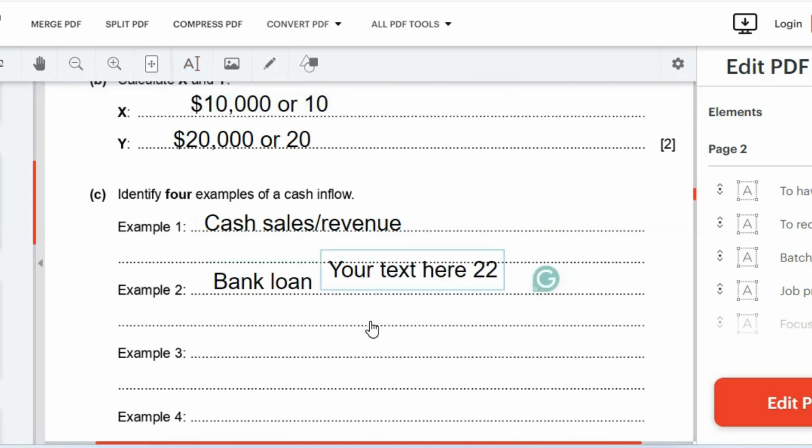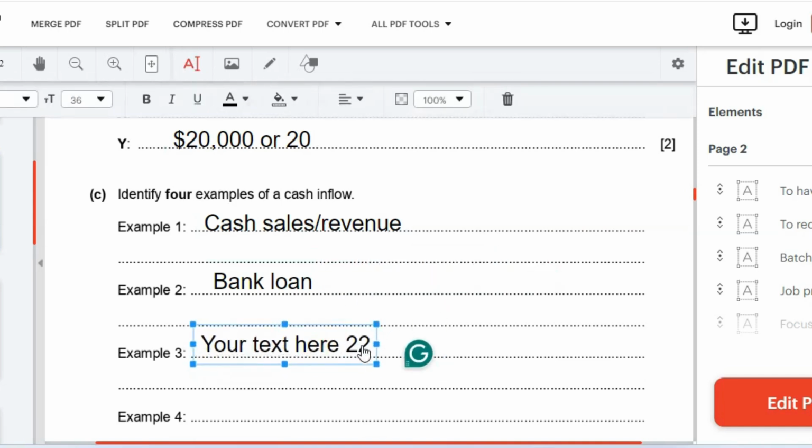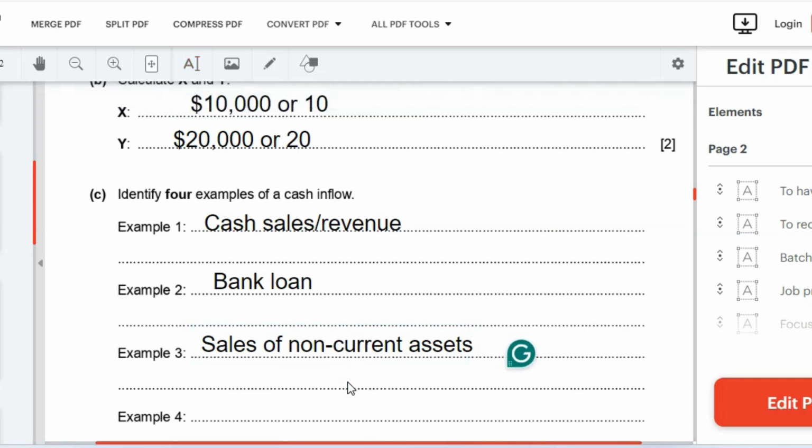Now let's drag to example 3. Example 3, we have sales of non-current assets, also known as fixed assets. Of course, when selling an asset, the cash derived from it is also a cash inflow to you.